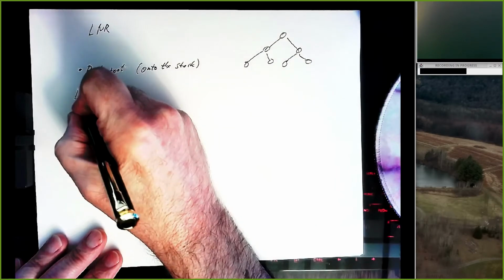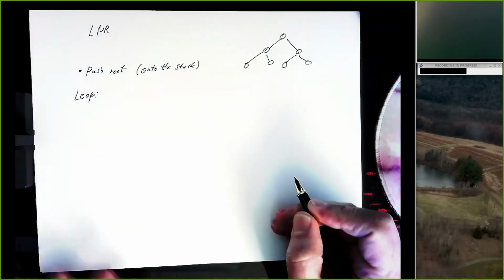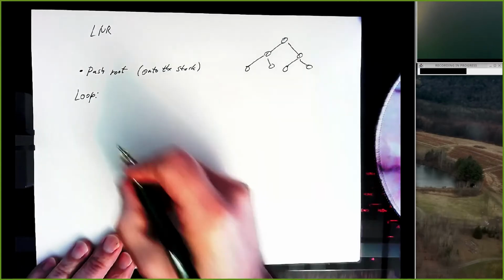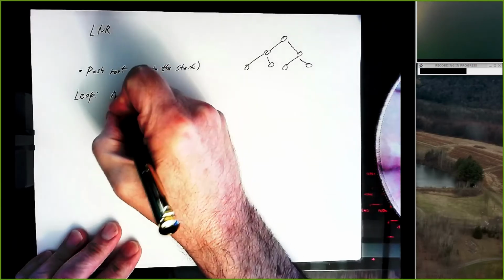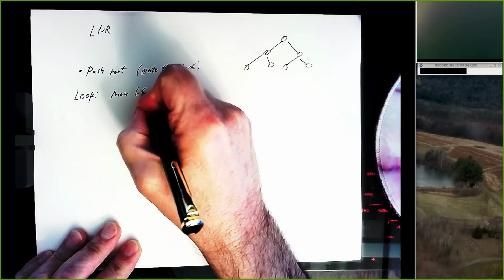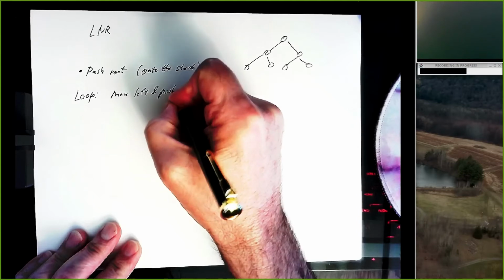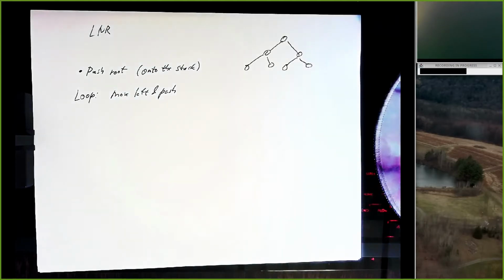And then we go into a loop. The loop says move left and push the node that you're at.